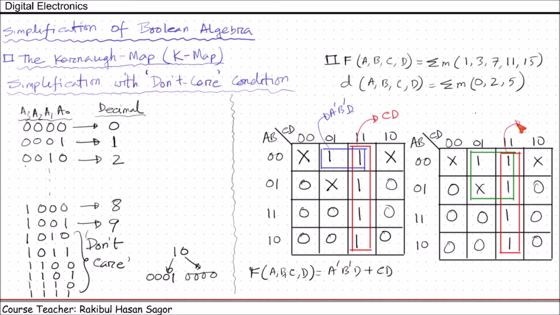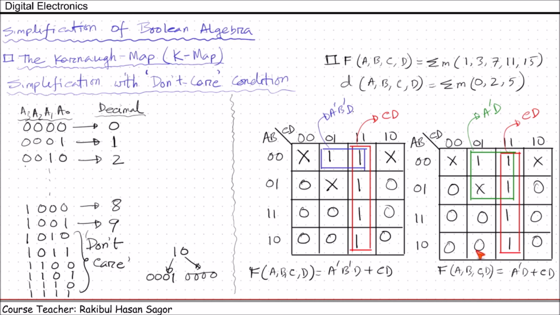Now, the name of this red box becomes CD and the name of this green box becomes A prime D. So the function becomes f(A, B, C, D), considering the don't care condition, A prime D plus CD, which requires less number of gates to implement than this one.